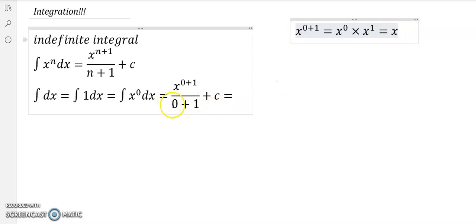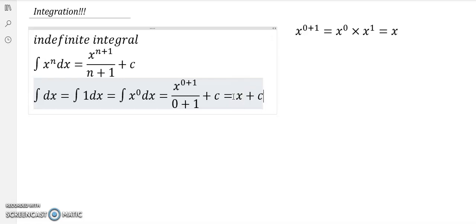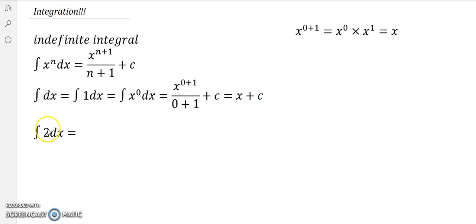However, on the denominator we have 0 plus 1. 0 plus 1 gives 1. x divided by 1, we're still gonna get x, meaning that here we will be left with x plus the constant c, just like that. If we have to integrate 2 with respect to the variable x, however, this is more like this one, then we can just write it as 2x plus the constant c.